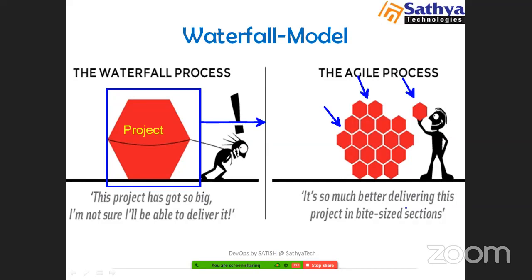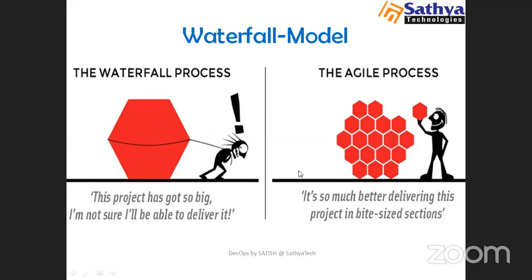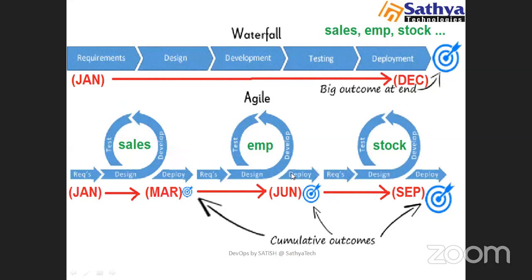If you see this picture, you'll get some idea of how these two models work. In the waterfall model, you do requirement gathering, design, development, testing, and deployment.